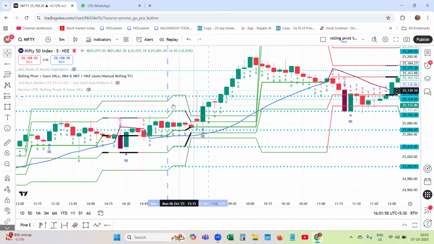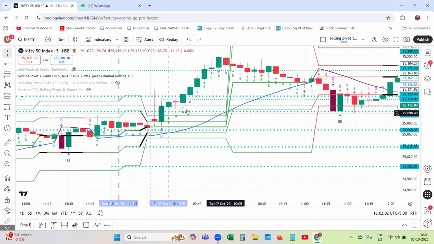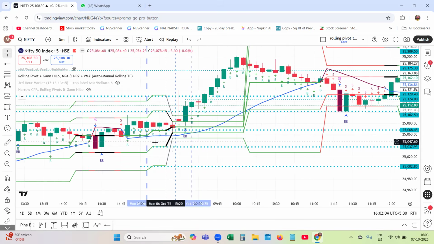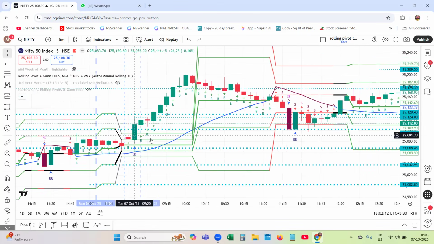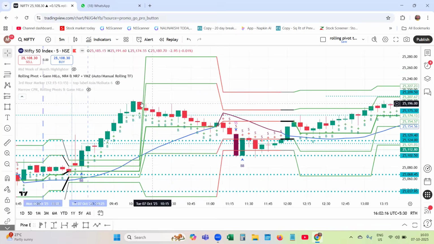This was an inducement by the big player and the next candle took off. Here you can see Gann HiLo has not turned negative. So it expanded, gradually moved up, and then around 10 a.m. the market moved up to 25,200.